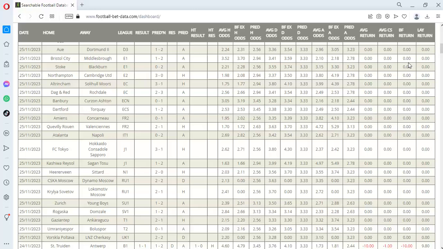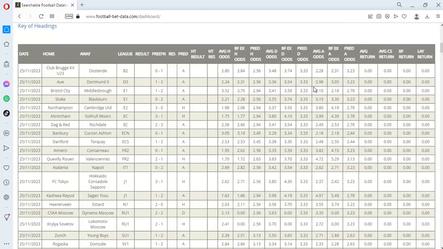So what I will say on this is that I'm not using the score prediction element within this specific criteria I'm using myself. So you might be looking down at some of these games and thinking, well, why are these included in a low goal trade or a draw expected system that you're talking about, when the prediction itself is not indicating that as such in some of these games?